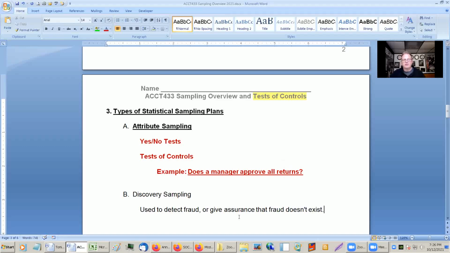It can be used in both ways. Discovery sampling is for discovering stuff. We don't really do this too much in auditing, unless there's some reason to believe.